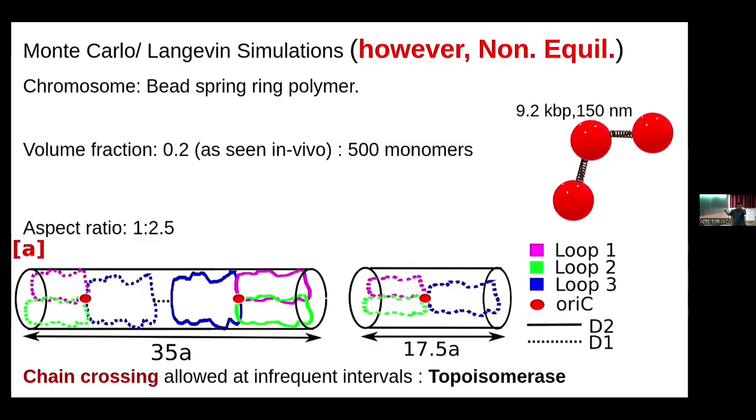Of course, to match the Hi-C data of your 2020, one needs a bit more small loops, but none of these properties are lost. I'm not going to talk about the Hi-C data in the talk, but if you assume this, what is seen is that when you have the newly born cell, you have only one chromosome, then the ori, if you associate the monomer number 1 with ori, is in the middle of the cell.